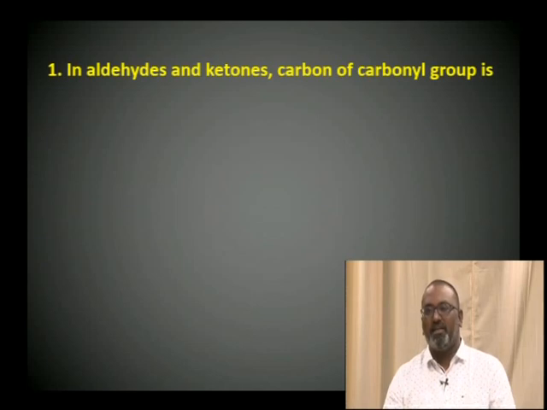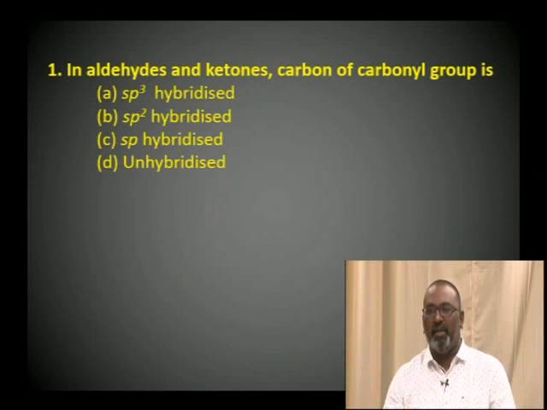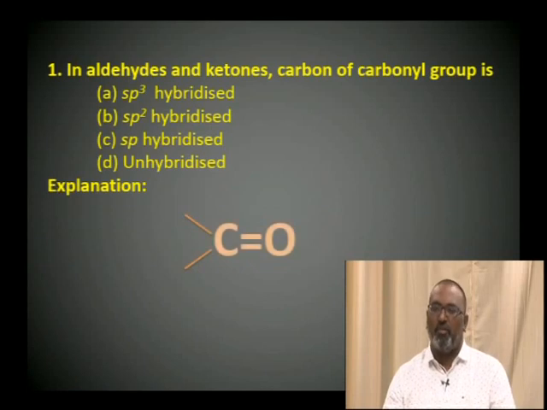Let us see the options given there. sp3 hybridized carbon atom, sp2 hybridized carbon atom, sp hybridized, or unhybridized. Now, you can see the structure of a carbonyl carbon atom.